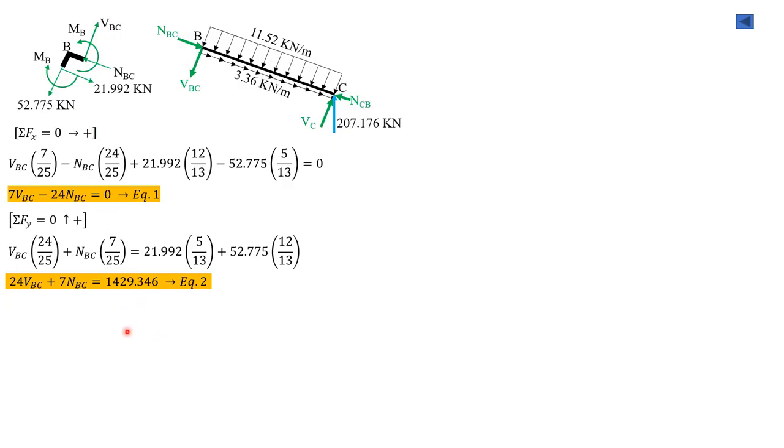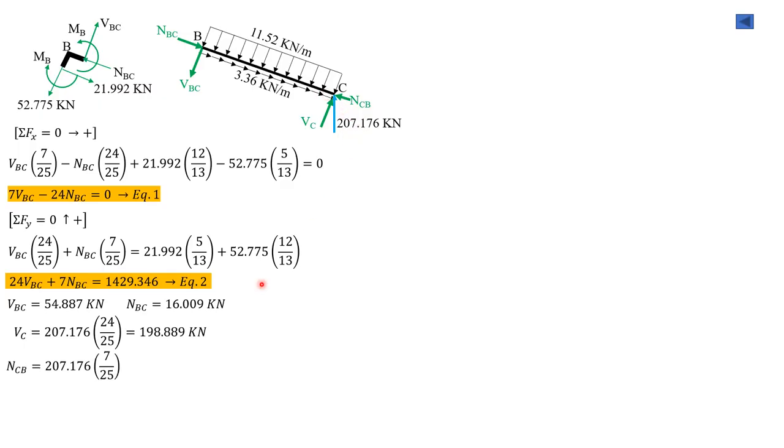So solving these two equations simultaneously, we have shear BC 54.887 and NBC equals 16.009 kilonewtons. So shear at C is 207.176 times cosine of theta 2, which is 24 over 25, 198.889, and NCB is 207.176 times sine theta 2, which is 7 over 25.